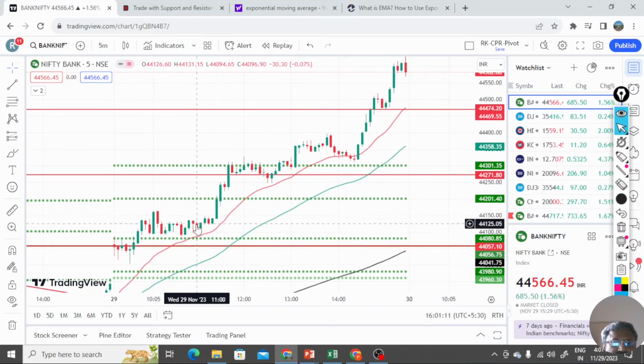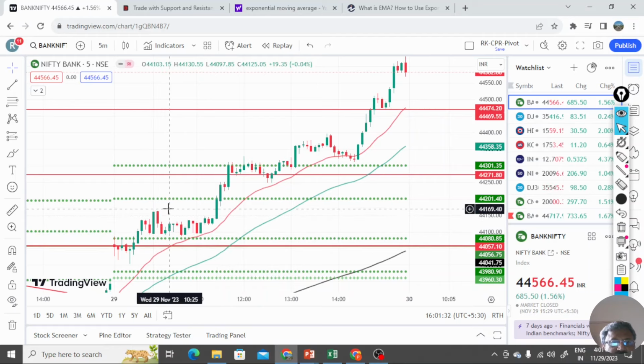See here, after a green candle, when it tried to come back towards the 20 EMA, it did not cross the 20 EMA. So it took a positive candle and that's a bullish candle. It started giving something like this. There was a resistance here. It took a resistance and came down towards the 20 EMA.